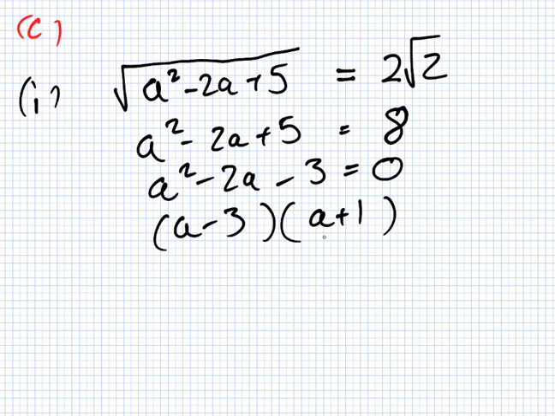A equals minus 1 or 3. Which do you think is the right answer here? 3. Yep, because it's above the y-axis, not below in the graph. So how did you get 8? 2 root 2 squared. Type that in on the calculator. Make sure you use brackets. Reject this one, and this one here is the one you accept.